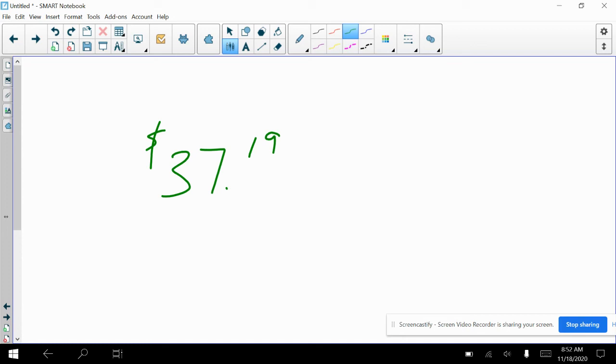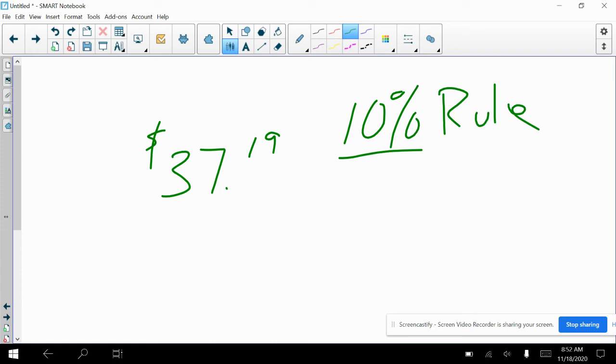This whole year we're working on estimation as well, right? So the total bill is this. Again, 10%. We move the decimal one place to the left. So now it comes out to look something like 3.719.